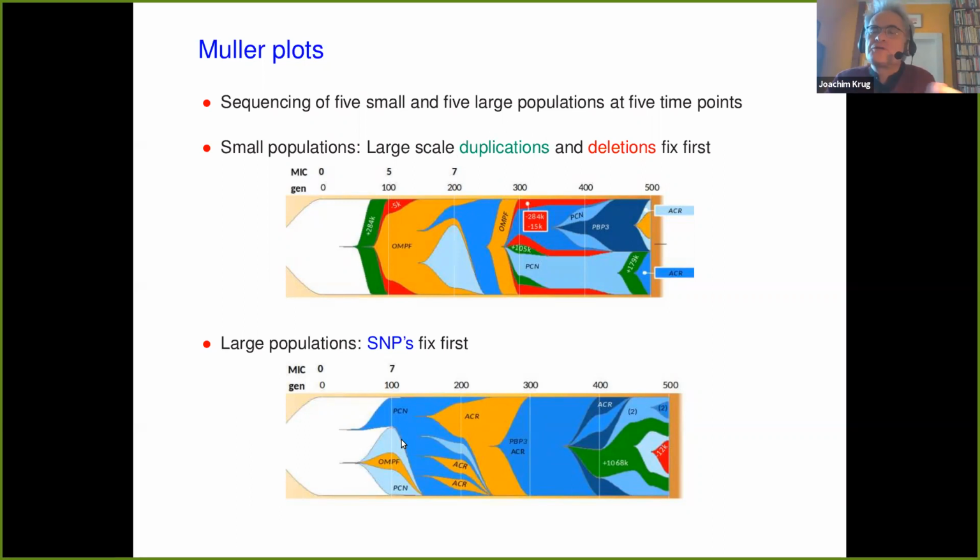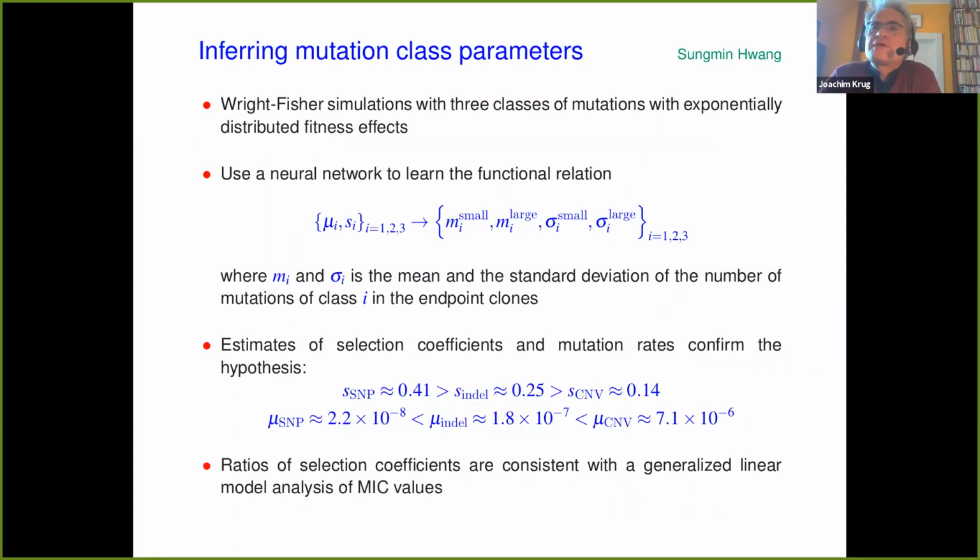So that already tells you that there seems to be a higher supply of SNPs in the large populations and a higher supply of duplications and deletions in the small populations. Now, the other thing that we did, and this is where the problem of inference comes in, and this was work by my postdoc Sungmin Wang, was to try to infer the selection coefficients and the mutation rates of these different classes.